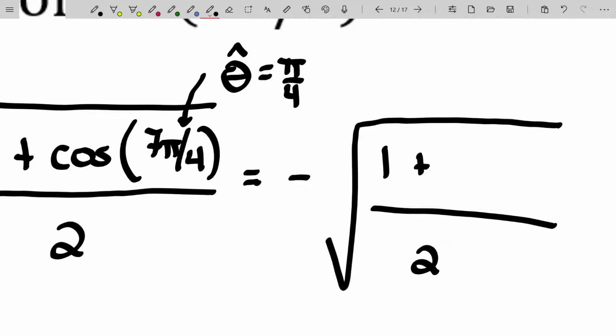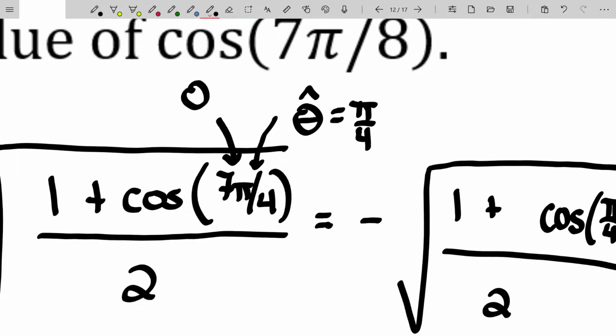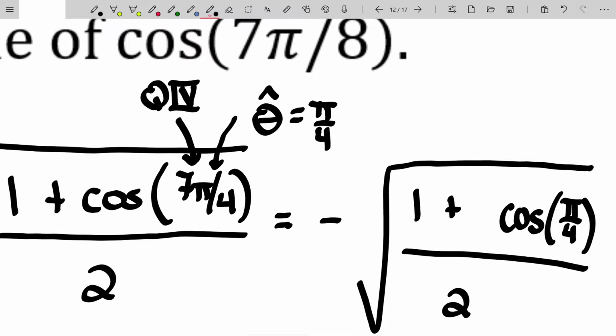So cosine of 7 pi over 4 is almost like a cosine of regular old pi over 4, but you have to take into account what quadrant 7 pi over 4 is in, and we know that's in quadrant 4, which means that this will be a positive cosine, because cosine is positive in quadrant 4. So there, my mantra is that trigonometry is all about reference angles and quadrants.